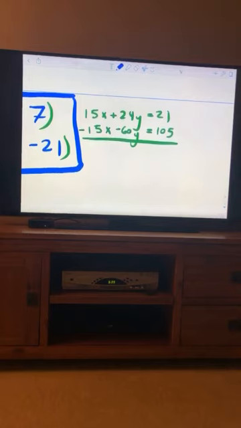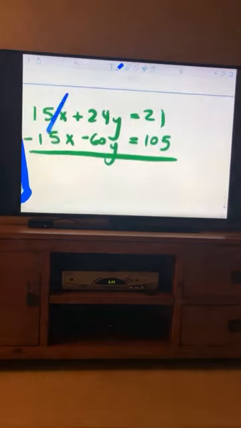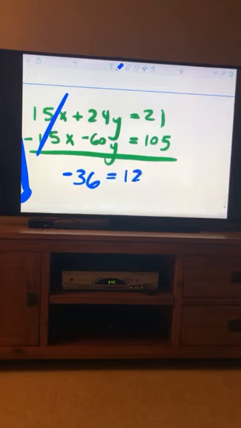Now that I have this inverse, I actually stack these together. So I'm going to add them. That's where the word elimination comes from. We just eliminated x. Now for y, I have 24y minus 60y. That's going to be, what do we get there? Negative 36y equals 126.